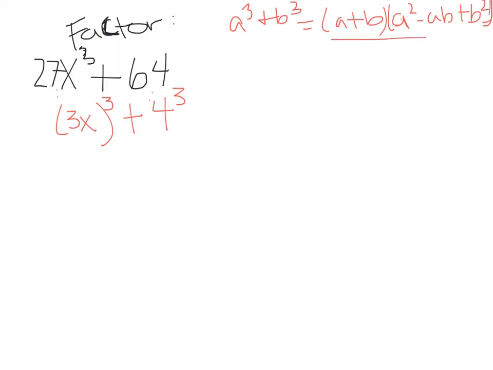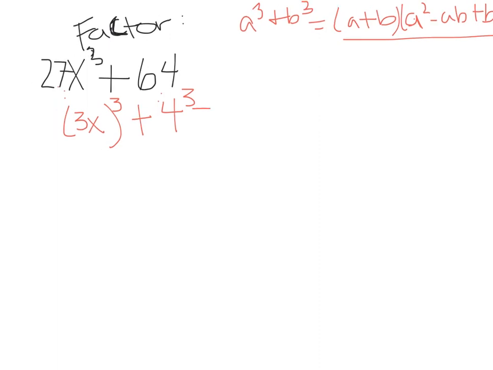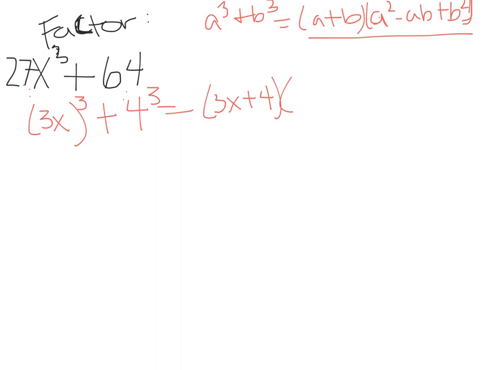So if we're following this pattern, that's going to factor to 3x plus 4. Then it's going to be 3x squared minus 3x times 4 plus 4 squared.